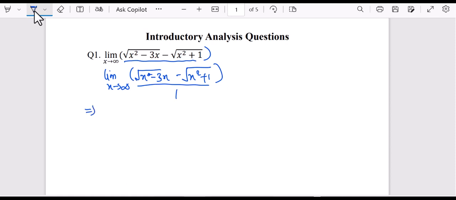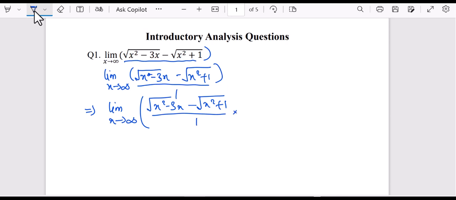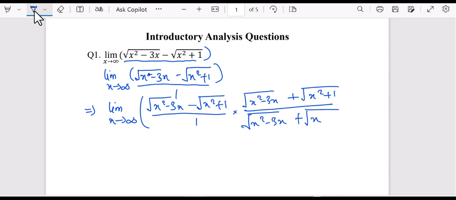By rationalizing from the numerator, we have the limit as x approaches infinity of root of x squared minus 3x minus root of x squared plus 1, all over 1, times root of x squared minus 3x plus root of x squared plus 1 over root of x squared minus 3x plus root of x squared plus 1. This is the conjugate of the top.